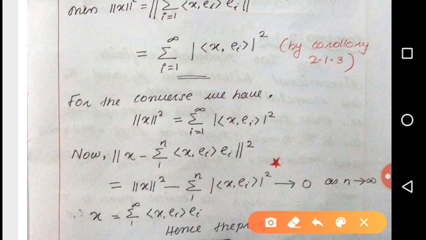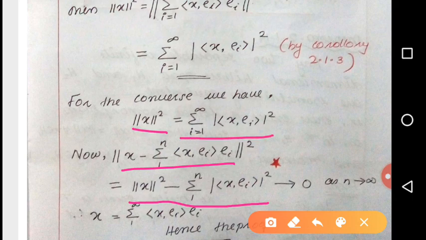Now we start with this one: the norm of x minus the sum from 1 to n of the inner product of x, e_i times e_i, the whole squared, which is equal to norm x squared minus the sum from 1 to n of the modulus of the inner product of x, e_i, the whole squared. And since norm x squared is this sum, their difference converges to 0 as n tends to infinity.